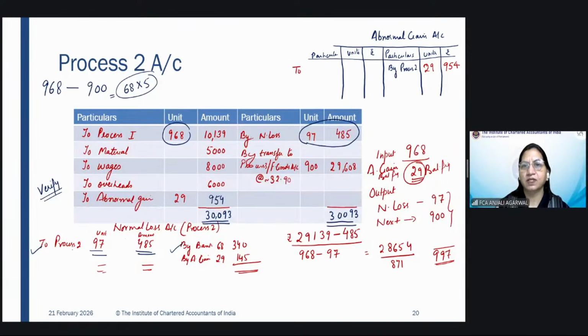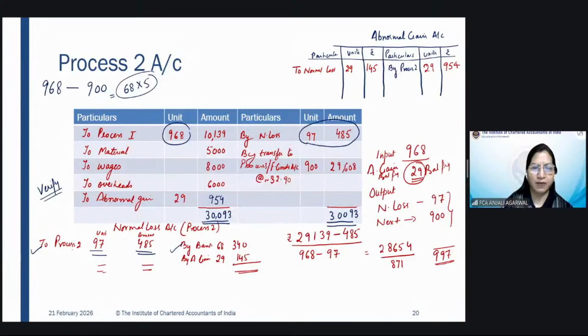So this I will charge before taking to the costing P&L. I'll charge to the normal loss account. So 29 units I could not sell, which was to be sold at the rate of 5, 29 into 5, 145 rupees, which I would have got as a scrap, I did not get. This I will charge to the normal loss account.